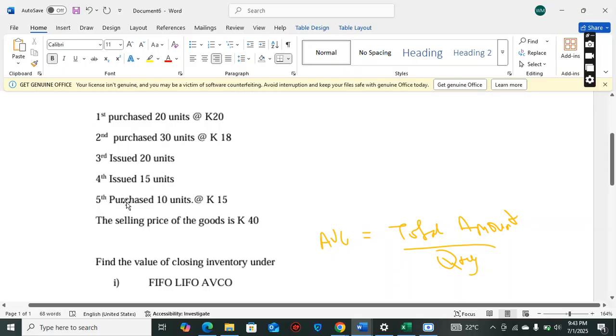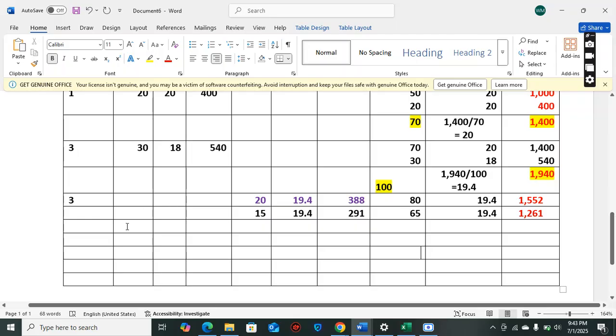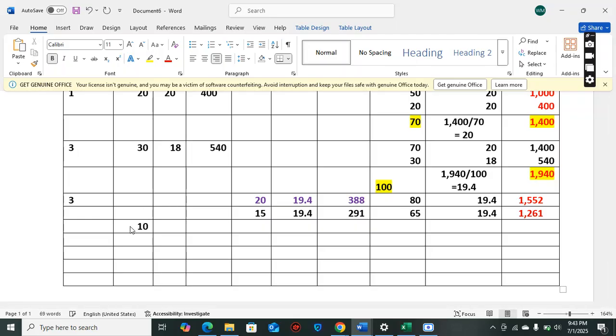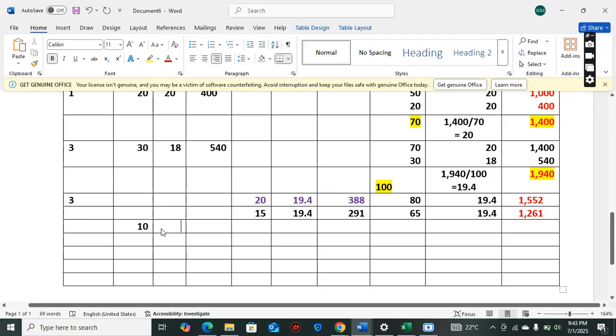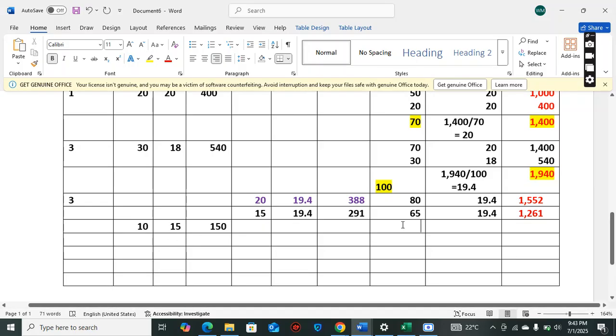Okay. On the 5th, purchased 10 units at 15 kwacha, 150 here. All right.